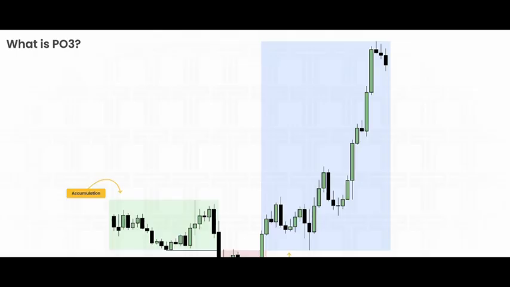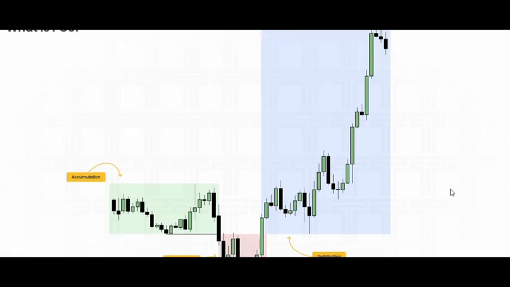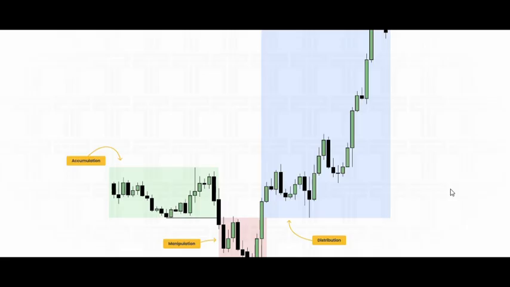What is power of 3? Power of 3 is accumulation, manipulation, and distribution. So you've heard me say liquidity sweep, liquidity sweep, liquidity sweep. Maybe you might be confused, right? Some might be a little bit confused. A liquidity sweep is just a manipulation over a high or a low.